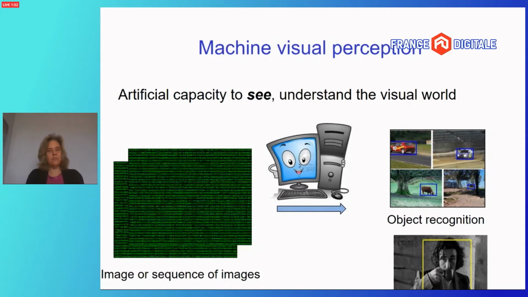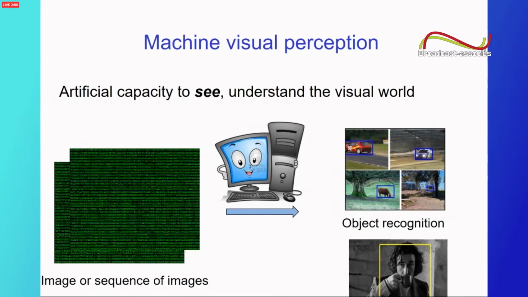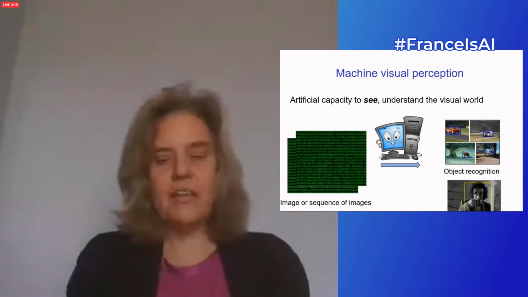Given these grids of pixel values, the computer has to understand the content and predict, for example, here on the right, that there are cars, cows, and the action drinking in the images and videos. If you look at the images on the right, it's very easy to predict and see what's going on there. However, if you look at the content on the left, it's very hard to get an idea what's going on. The computer has to bridge this gap.